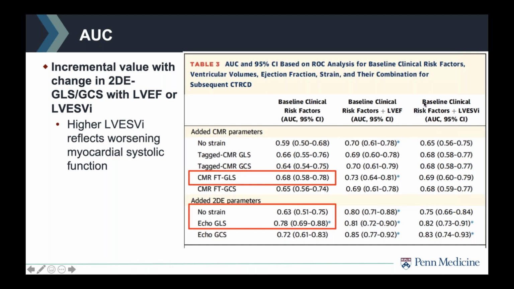There's also an incremental value of adding your LVEF or your left ventricular end systolic volume index over your baseline clinical risk factors. And the authors think that the higher LV end systolic volume index reflects worsening myocardial systolic function.